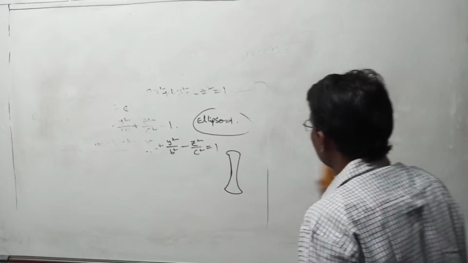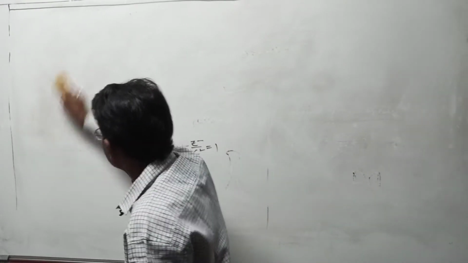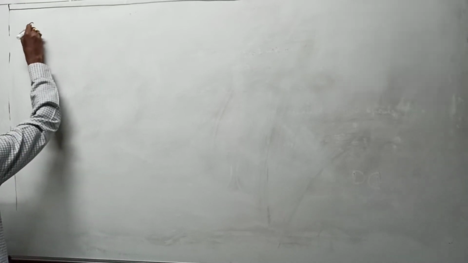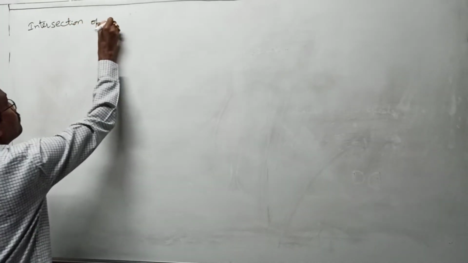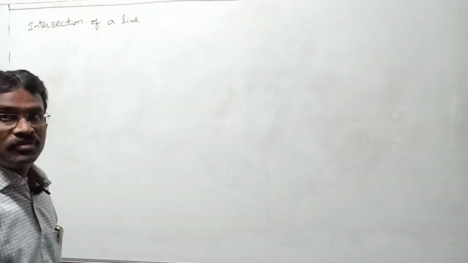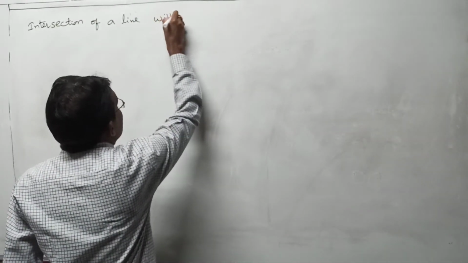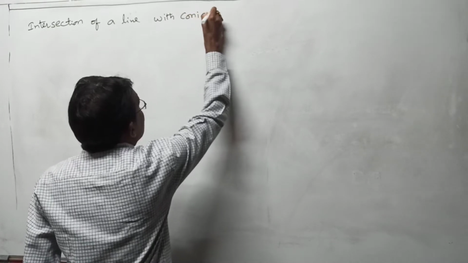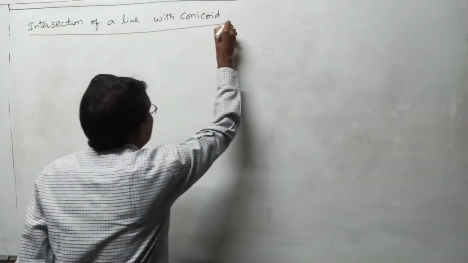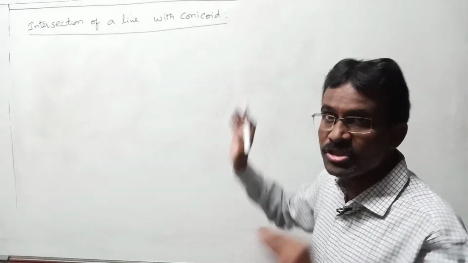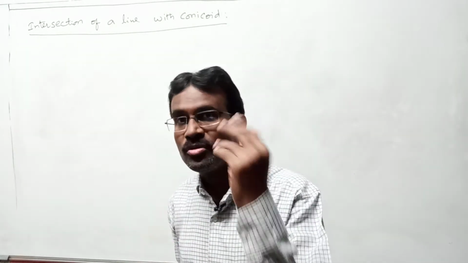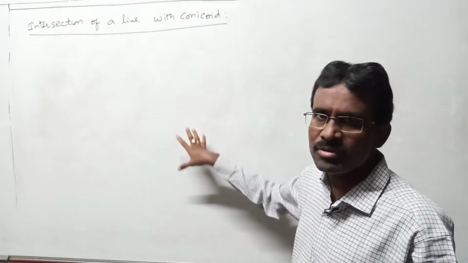Already we have done this type of procedure in two situations: intersection of a line with a sphere as well as intersection of a line with a cone. That same concept we are going to discuss here.